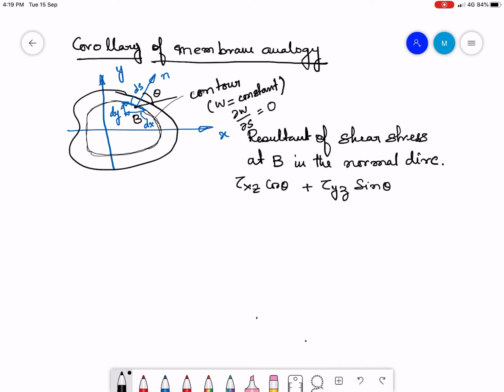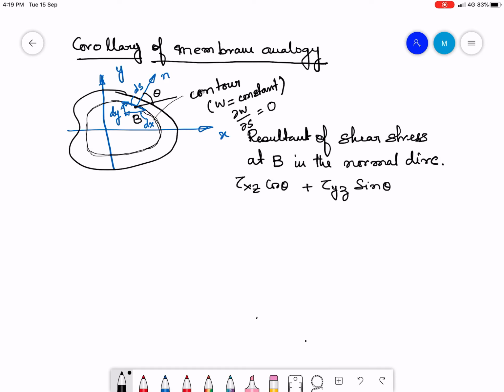So, that is the resultant of the shear stress in the n direction. This is tau x z and that is going to be cos theta, and tau y z, which is in the y direction, that is going to be sin theta, and both of them add up together. Okay. So, now let me express sin theta and cos theta in terms of ds and Cartesian coordinates x and y.